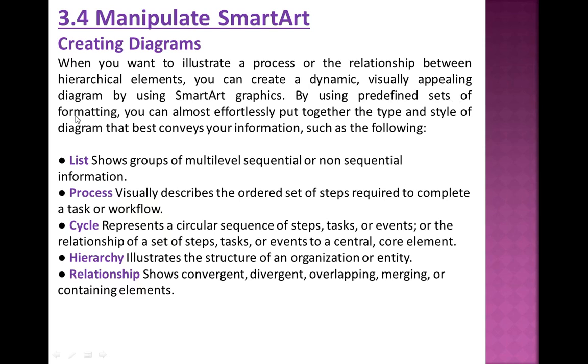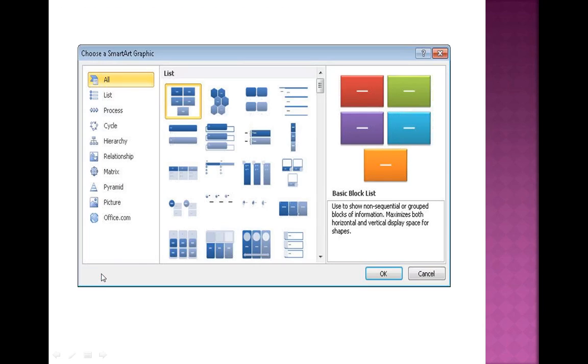By using a predefined set of formatting, you can almost effortlessly put together the type and style of diagram that best conveys your information, such as the following. Either you can opt for list, process, cycle, hierarchy, relationship, matrix, pyramid, picture, Office.com.